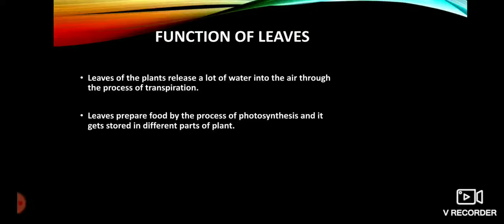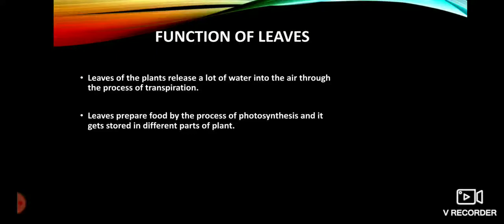So today we studied two parts of the plant, stem and leaves. The function of stem is to transport water to all parts of the plant, and function of leaves, transpiration and photosynthesis. And also we studied the structure of leaf. Petiole, the part of the leaf that attaches to the stem.